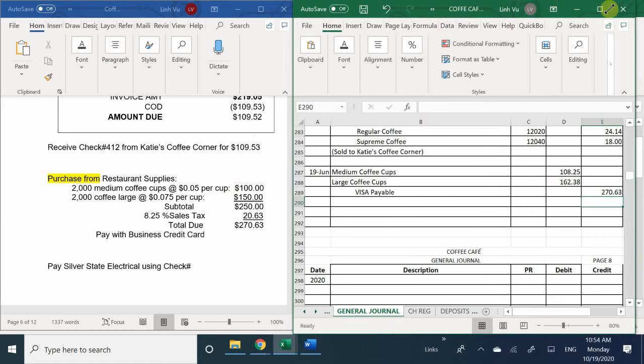270.63. All right, what were my account numbers again for my medium coffee cups and the large coffee cups? 11,760, and the other one is 11,765. And then lastly, our Visa payable is going to be 22,000. Okay. So what's my description or note I'm going to have here?